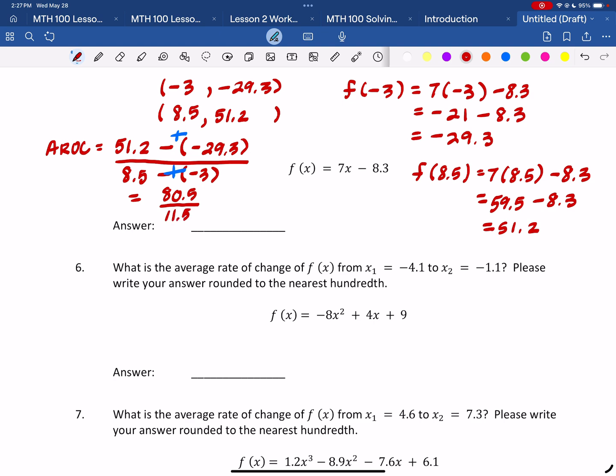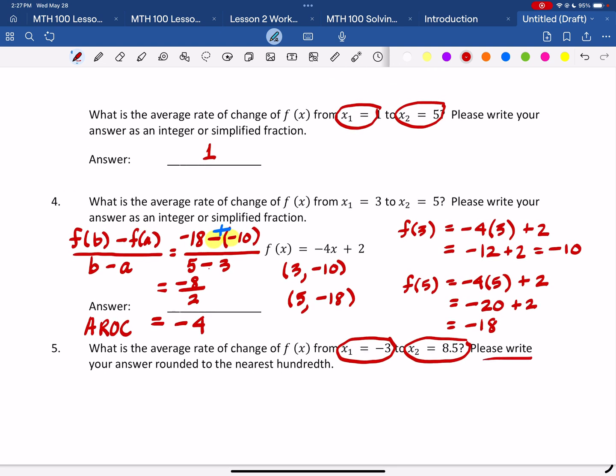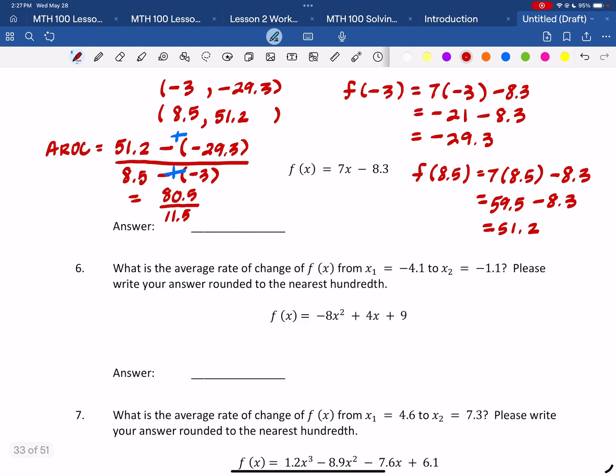And notice, let me go back to my instructions. Write your answer to the nearest hundredth. So pay attention to the instructions. We're going to round to 2 decimal places. 80.5 divided by 11.5. Oh, and this time it comes out an even 7, so there's no need to round.